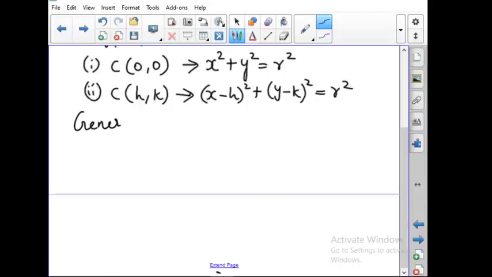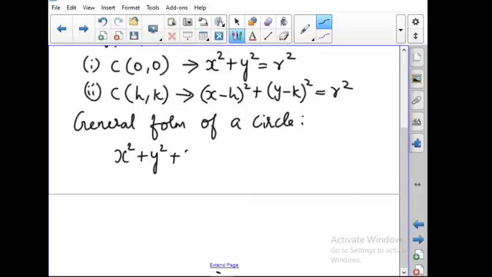The general form of a circle can be written as x square plus y square plus 2gx plus 2fy plus c is equal to 0. So this is the general equation of the circle.